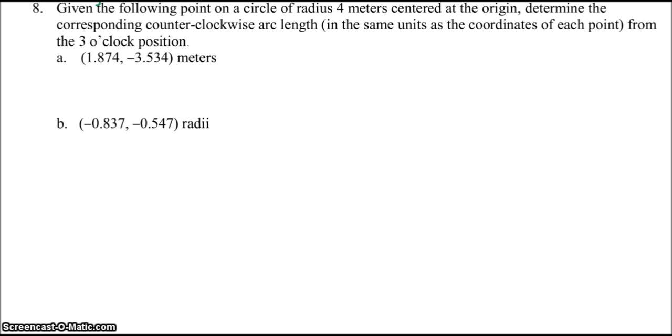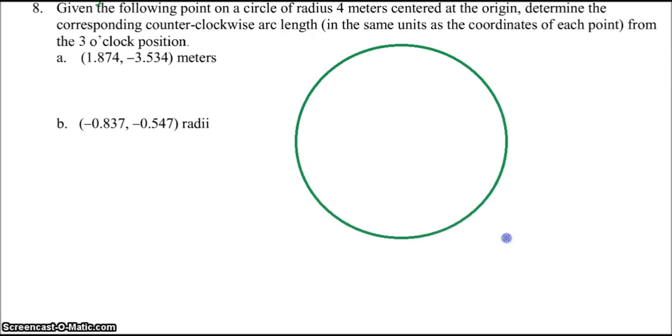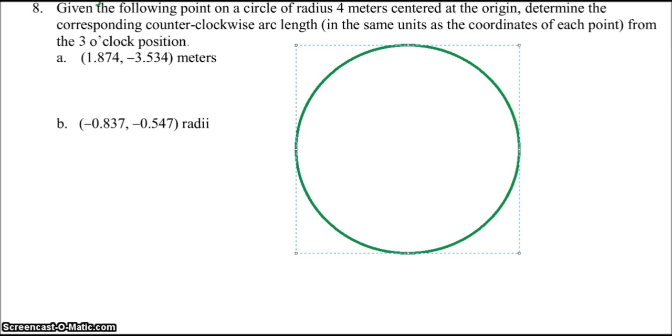Given the following point on a circle of radius 4 meters centered at the origin, determine the corresponding counterclockwise arc length. Okay. Measure from the 3 o'clock position. So, radius 4 meters, centered at the origin, the point 1.874, negative 3.354 will be down here.